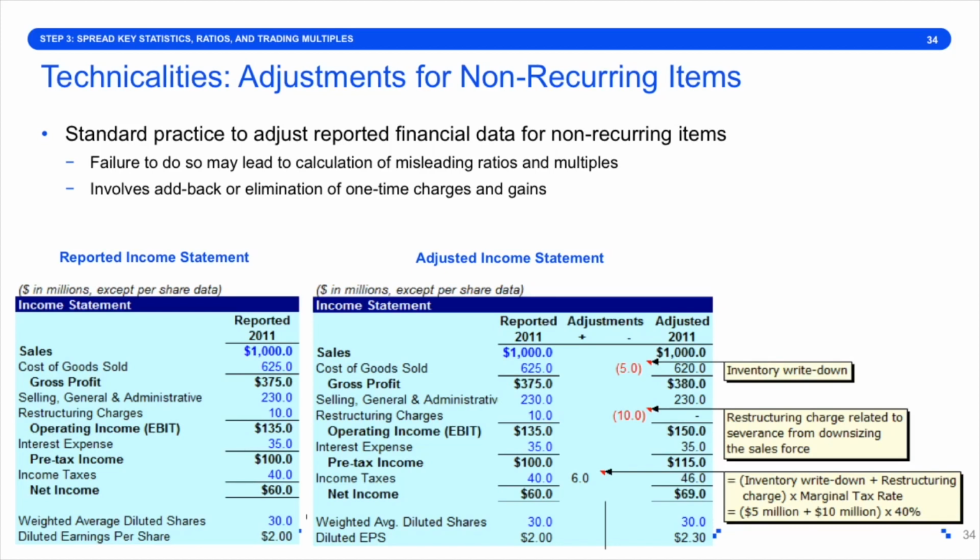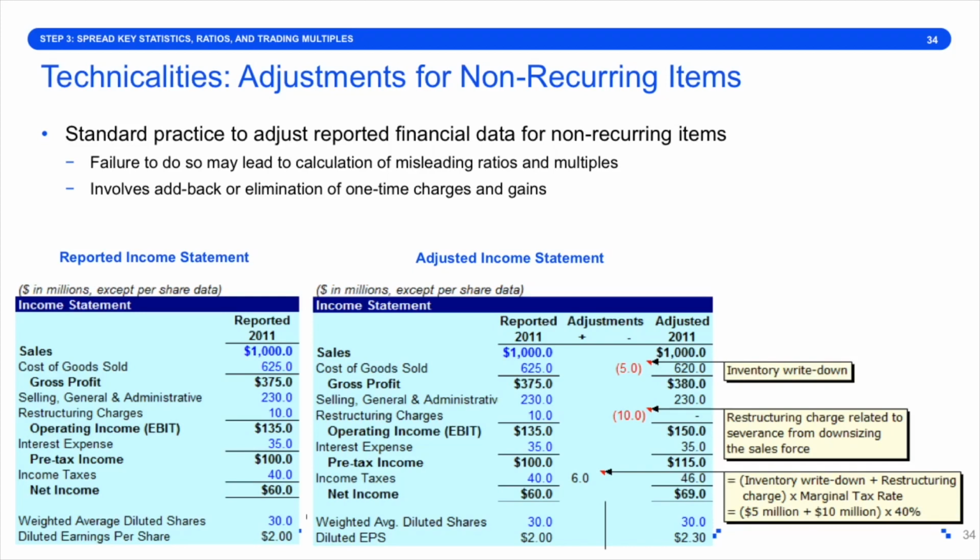So my real adjusted cost of goods sold is only 620 million because those 5 million will not affect. Second, I did some downsizing of my sales force.